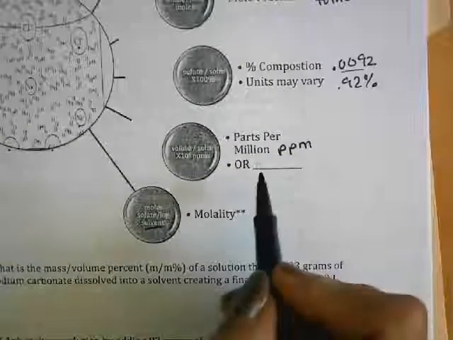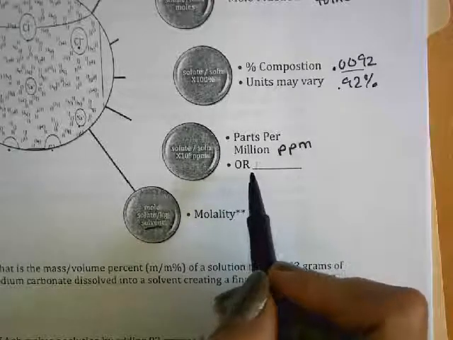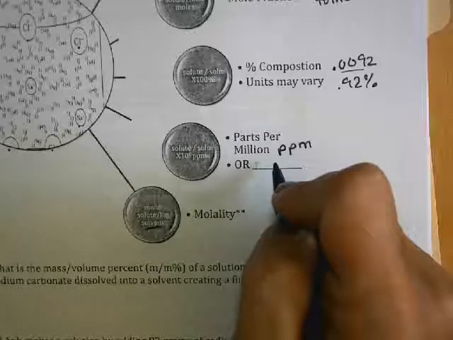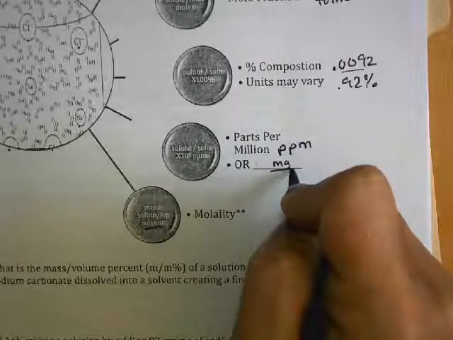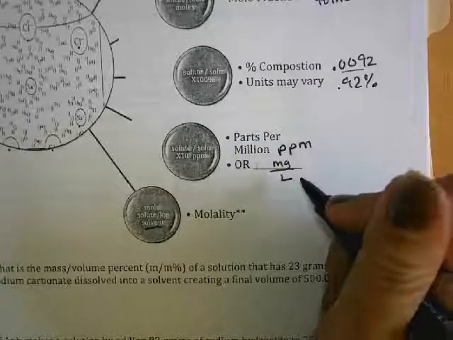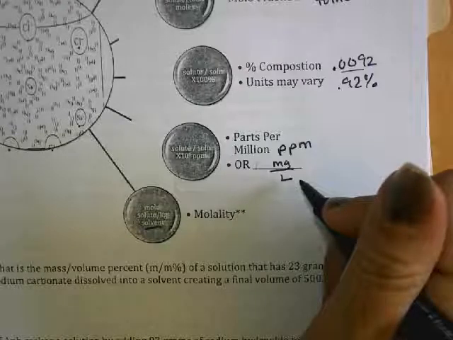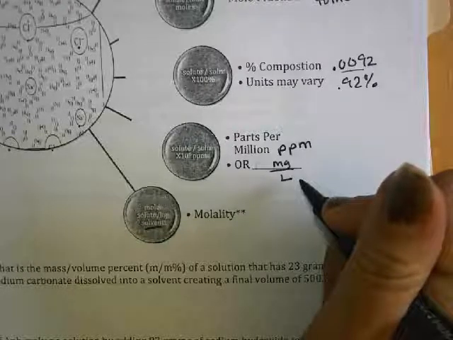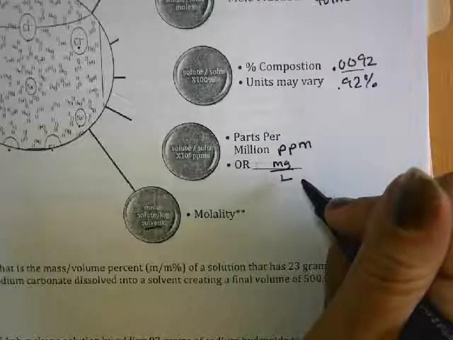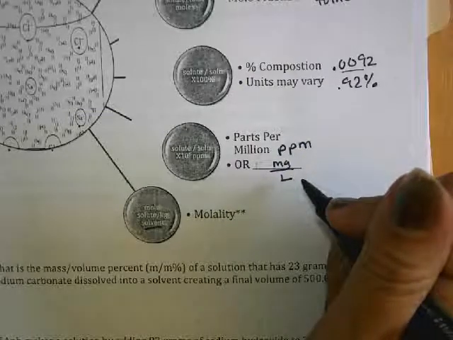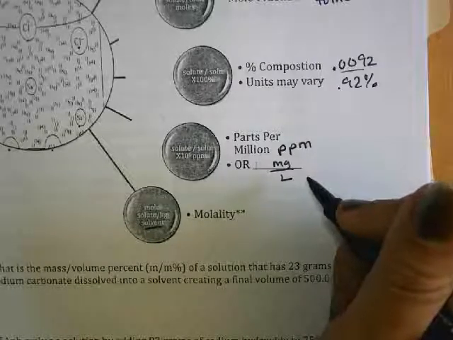Very commonly, you will see parts per million expressed with the units milligrams per liter. And since most often we'll be talking about this total solution being in a volume of water, a liter of water at 4 degrees Celsius and 1 atm weighs 1 gram per milliliter.